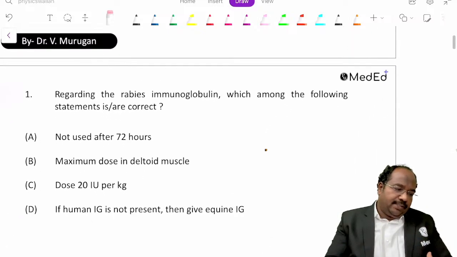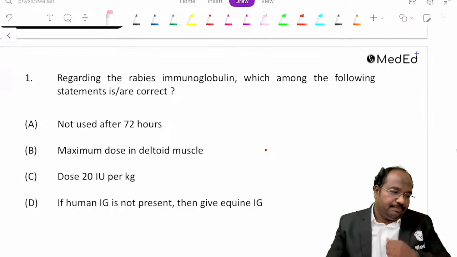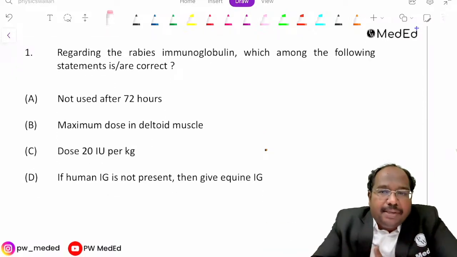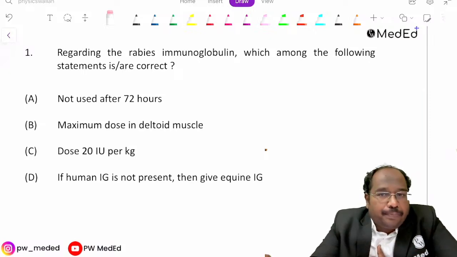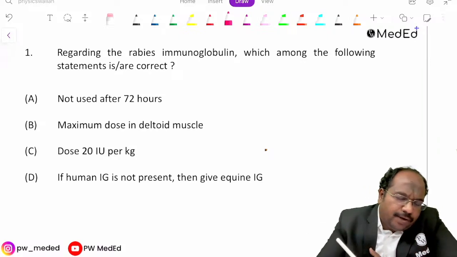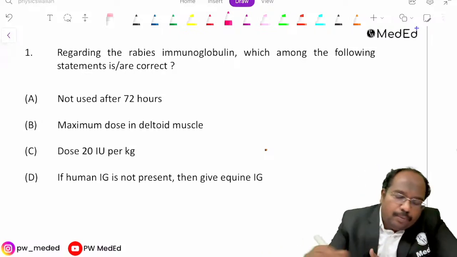What is the answer for the first question? Regarding rabies immunoglobulin, which of the following statements is or are correct? First, let us see something related to rabies immunoglobulin.